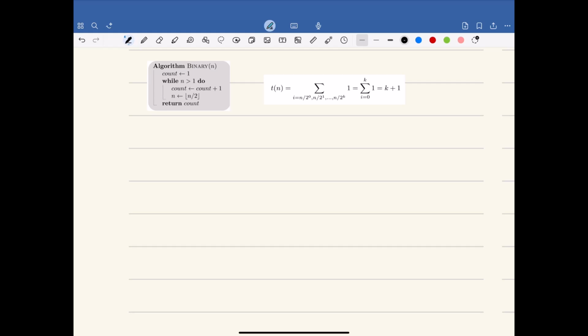To find the number of comparisons, we need to find the number of iterations plus 1 comparison for exiting the loop. So the number of comparisons equals the number of iterations plus 1.